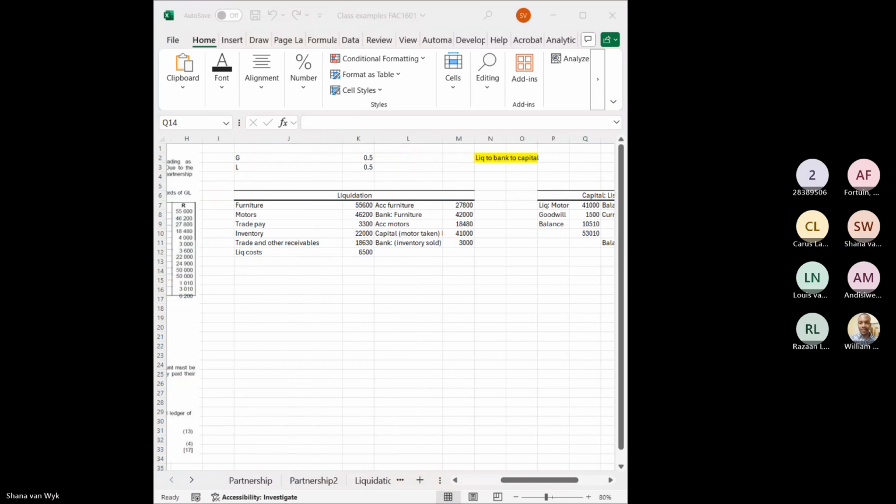Okay, so now we are taking that to the liquidation account, right? We just check here. Okay, so we have the balance. Let me quickly just sum up liquidation as well.